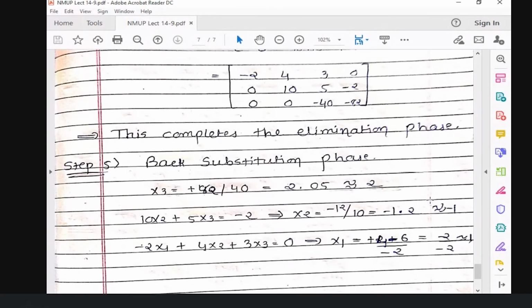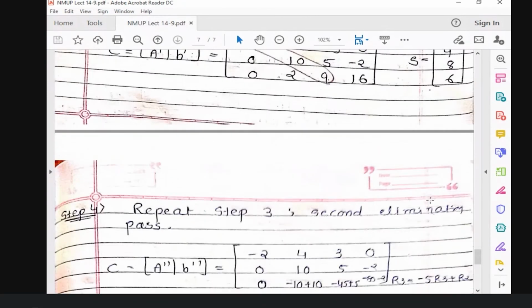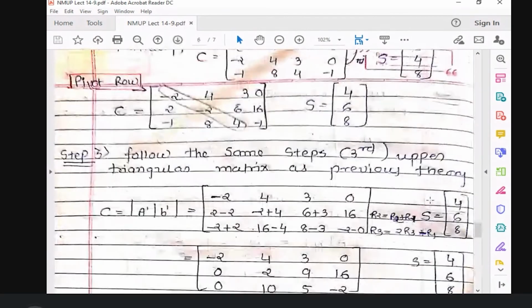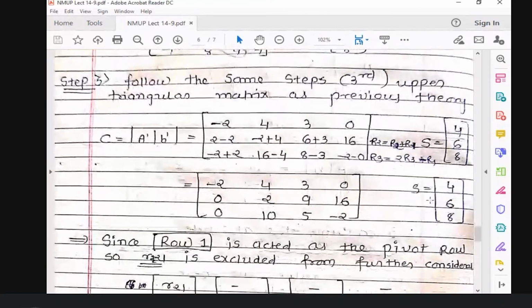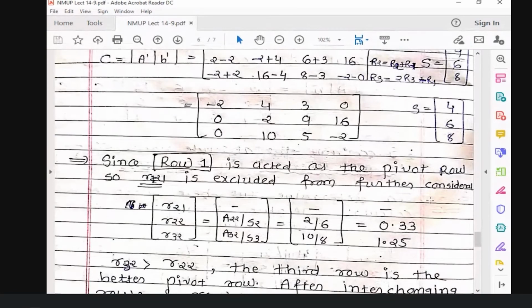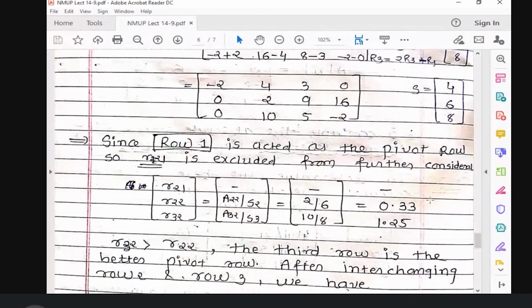Okay? So the only new steps are what? You have to find the scale matrix S, then find the relative size of the rows, and with the help of that, identify the exchange order of row 1, row 2 or row 3. After that, you follow the same steps as the Gauss elimination method, right?